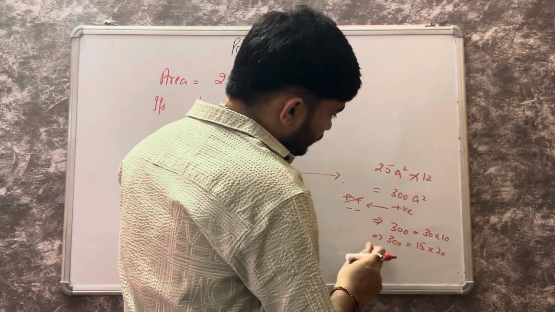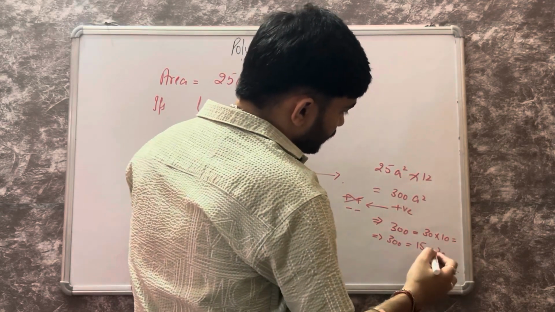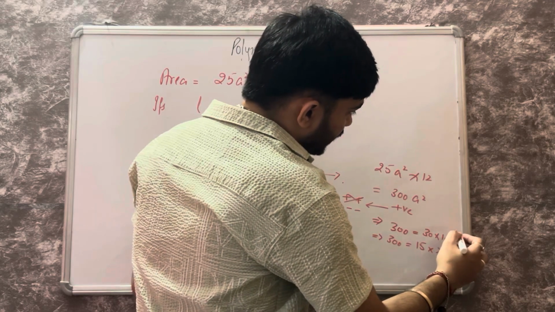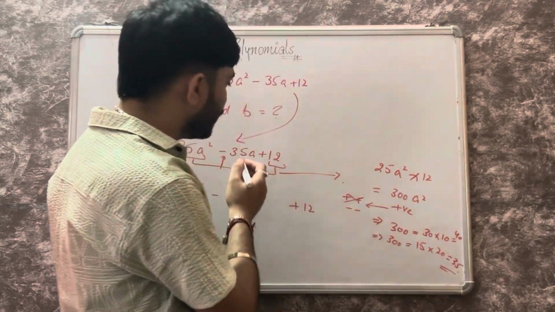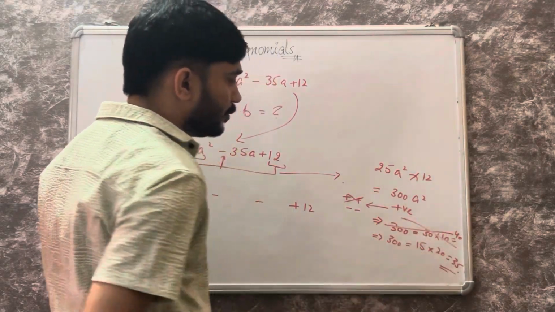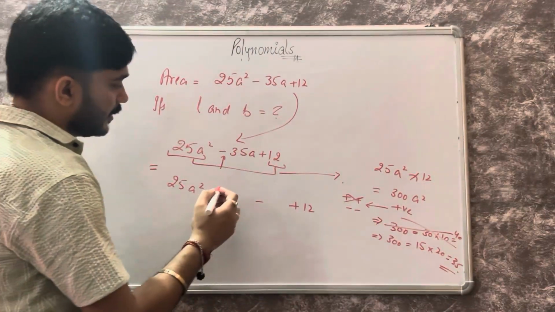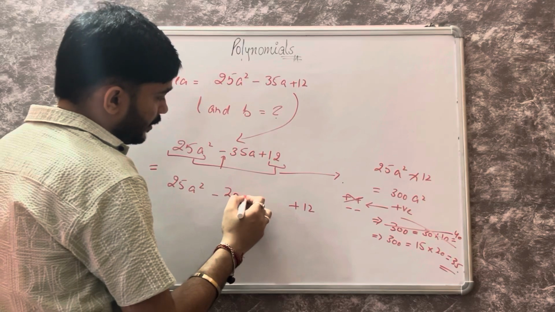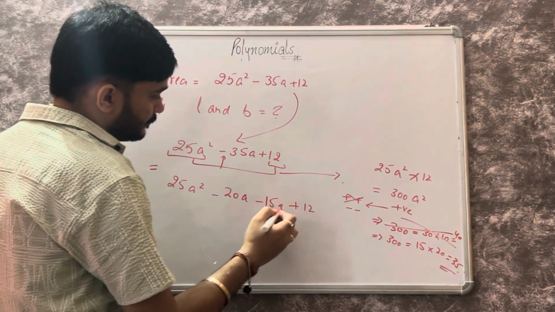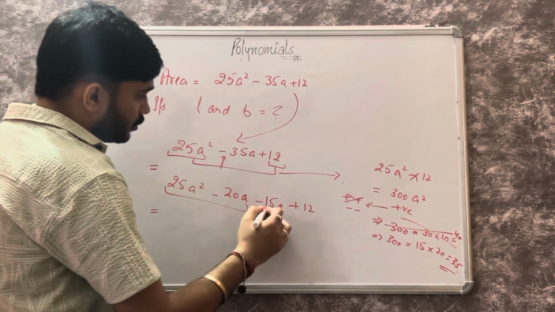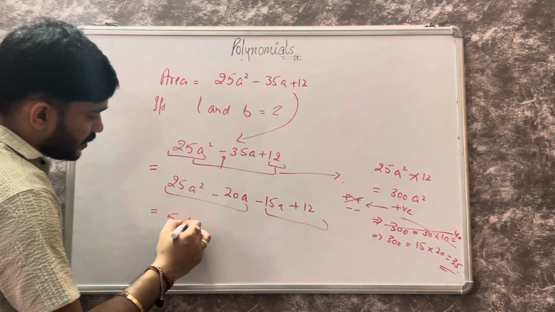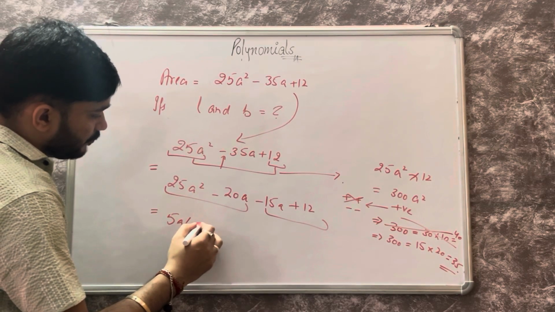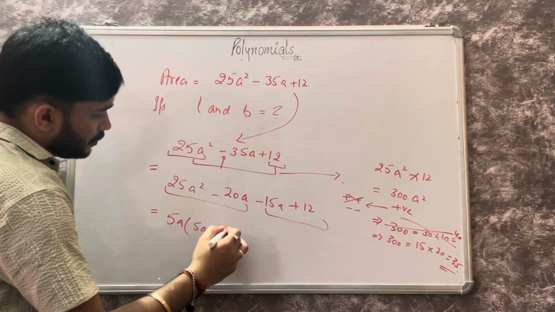I think that's enough. So add these two, you will get 40. Add these two, you will get 35. Since we want 35 here, the first case is going to be cancelled out. So you can write it as 20a and 15a. Now pair the first two terms and last two terms. You will find the common between them as 5a, being left with 5a minus 4.